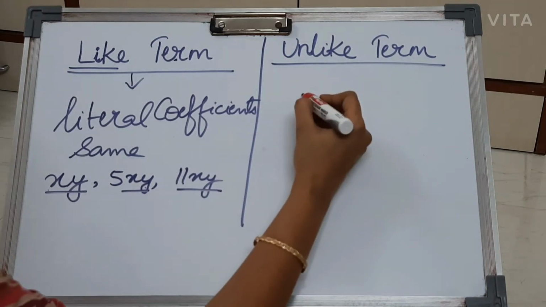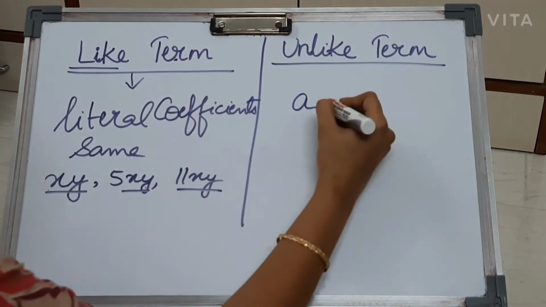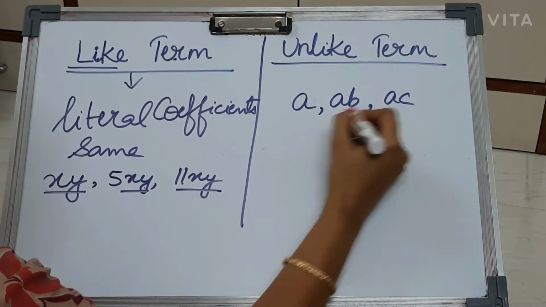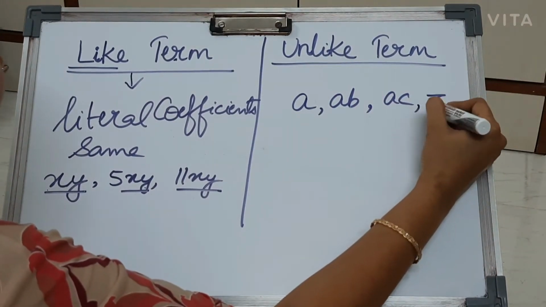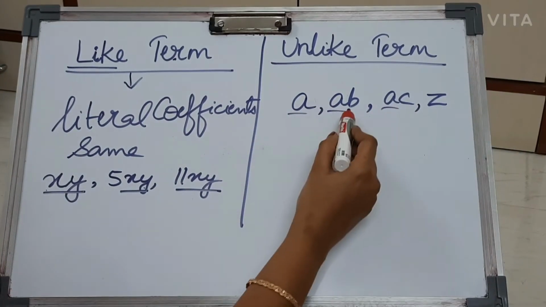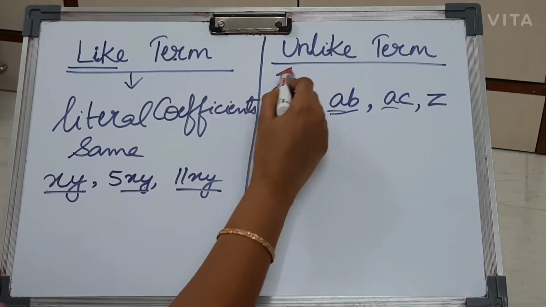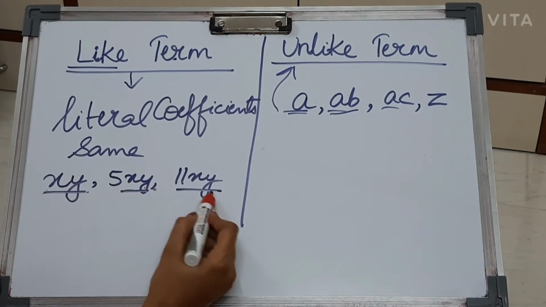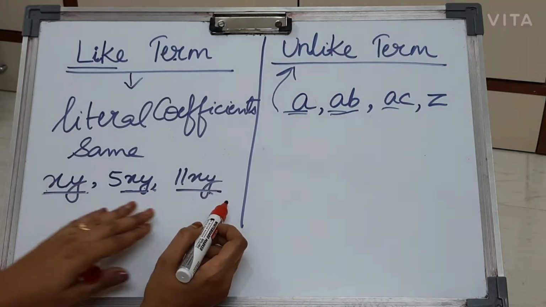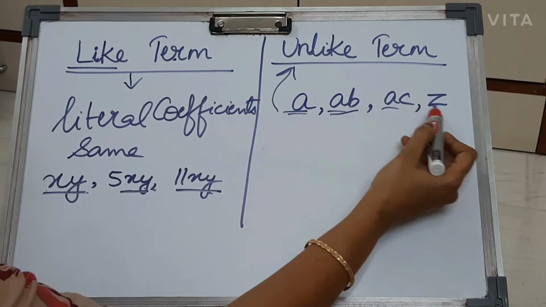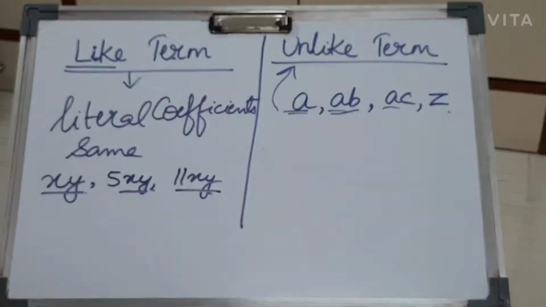That means if I take a term as a, and write ab or ac or suppose z, then a is here but this is not the same. These are called unlike terms. Like terms, xy, xy, xy, have the same literal coefficient, and in unlike terms the literal coefficient is not the same. Okay, so this is like and unlike terms.